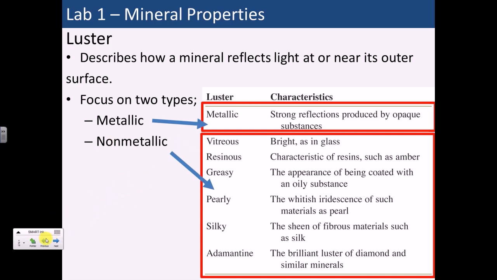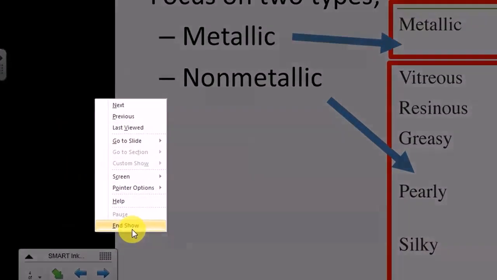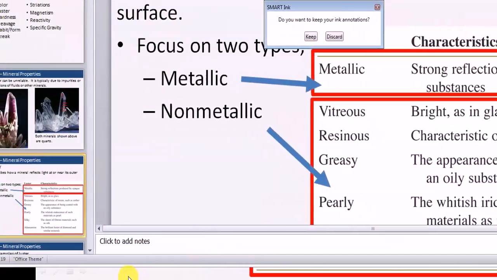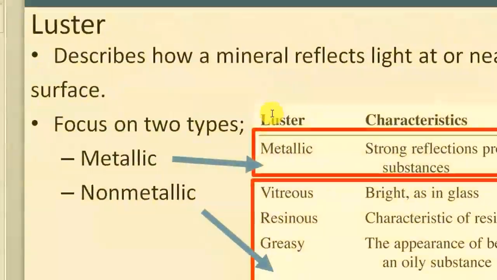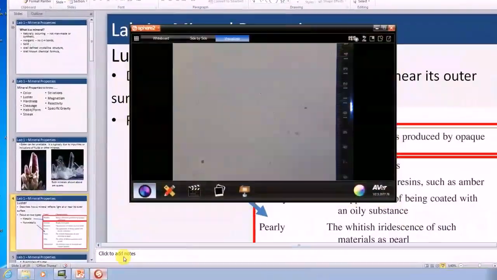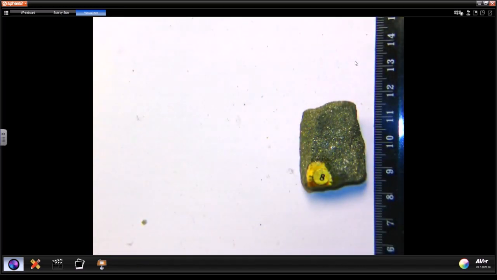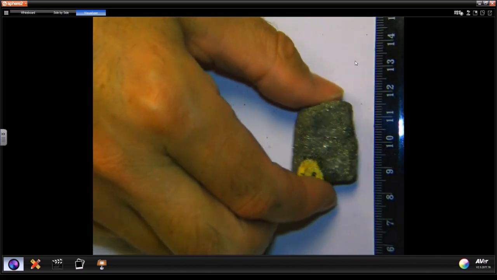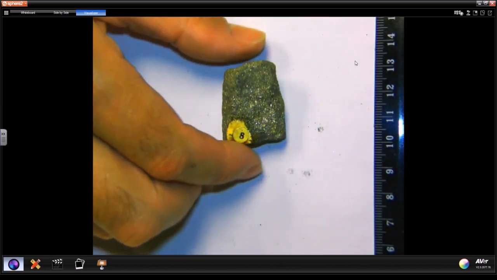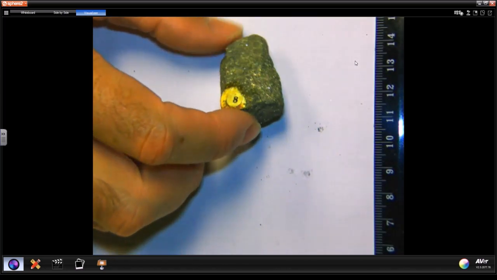So I'd like to demonstrate a little bit by showing you what metallic and non-metallic look like here. If I just pop out of this and pop into my document camera. Let's first look at metallic minerals. Metallic minerals are highly reflective. Okay? In this case, you have a kind of golden color that you can see, a brassy golden color.